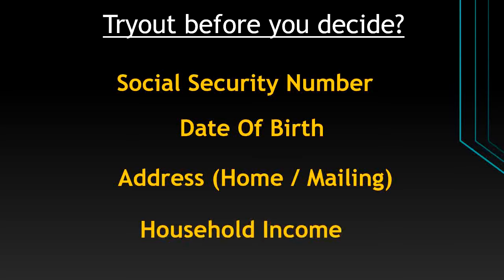Information that you might not want to enter in so many different applications unless absolutely necessary. You might be concerned about your data being breached, identity theft, so you don't want to enter your information in so many different places. This video will help you avoid such risk and help you determine which trading app is best for you.